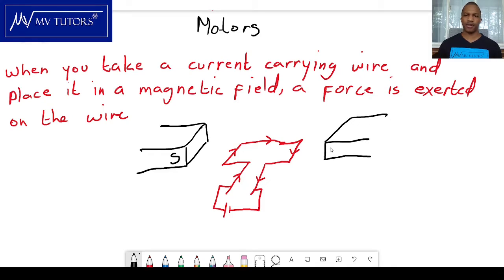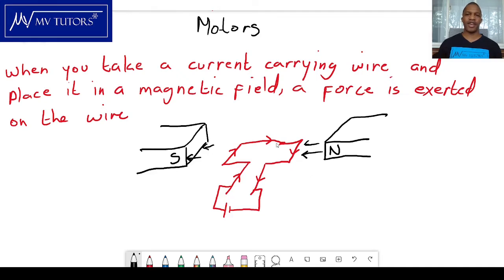There we go, I've got a magnet with north. Now this creates a magnetic field, and remember the magnetic field flows from the north to the south.